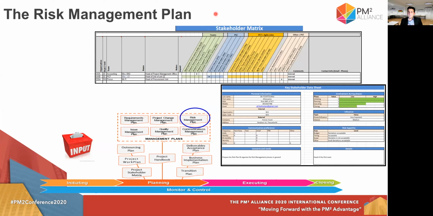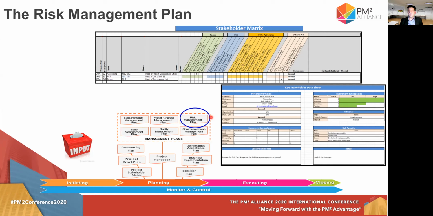But before starting to write down our risk management plan, which can be a part of the project handbook, or an appendix, or a separate plan which is connected to our project handbook, or maybe before starting tailoring or customizing to our project the risk management plan of the company or of the organization that we are working on, we have to think about our stakeholders, and we have to retrieve a lot of information from the stakeholder matrix.